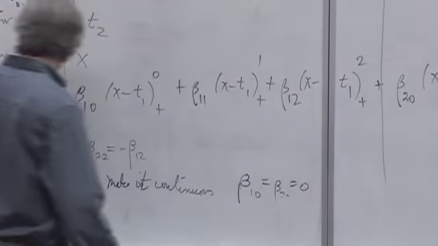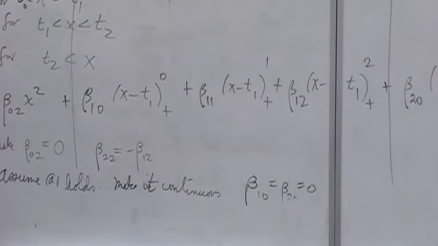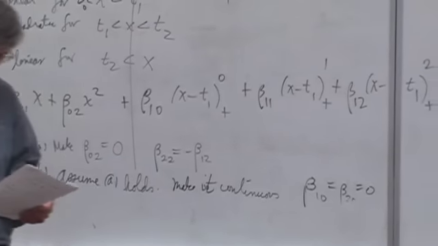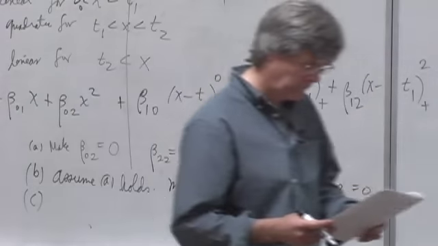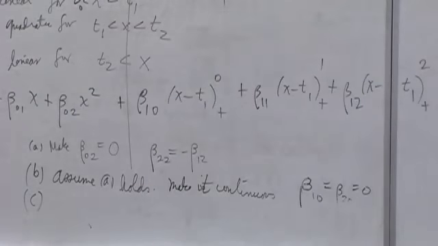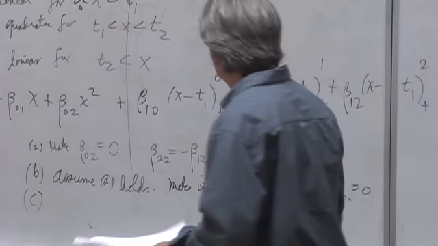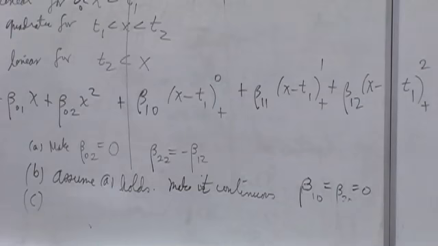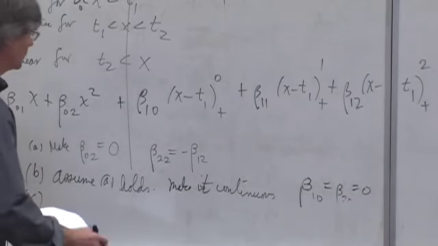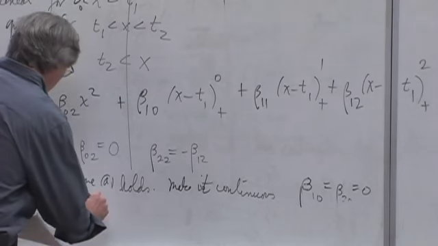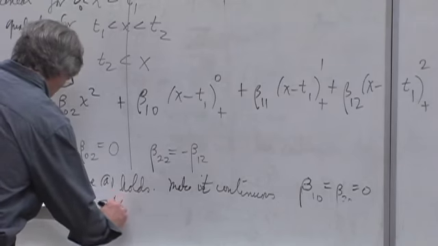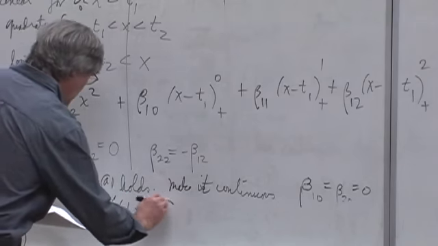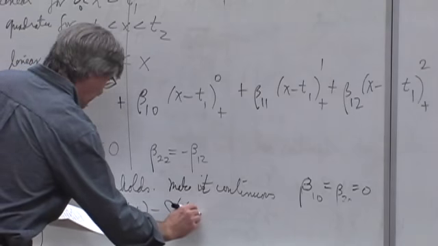Last part. How do you make the first derivative continuous? Get rid of the linear terms. So that's pretty much everything else. The way I argued it is this: S prime of T1 plus minus S prime of T1 minus.